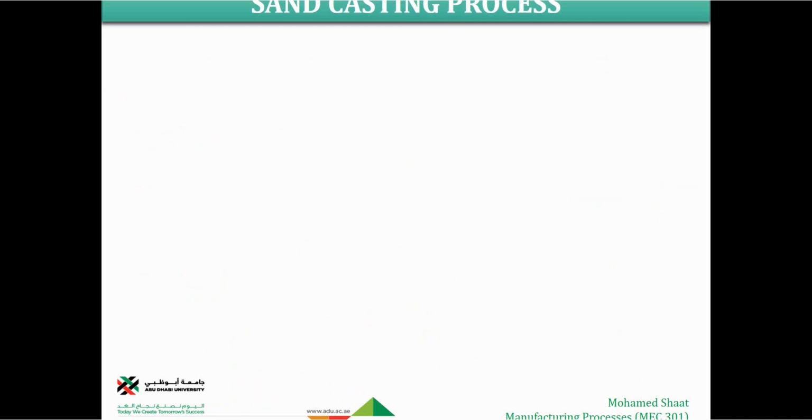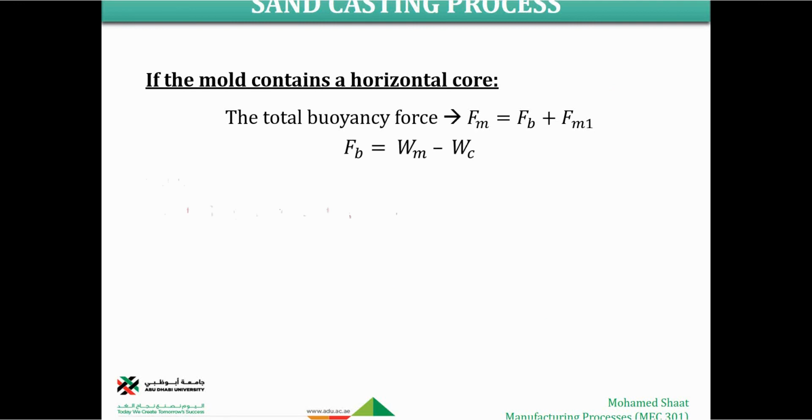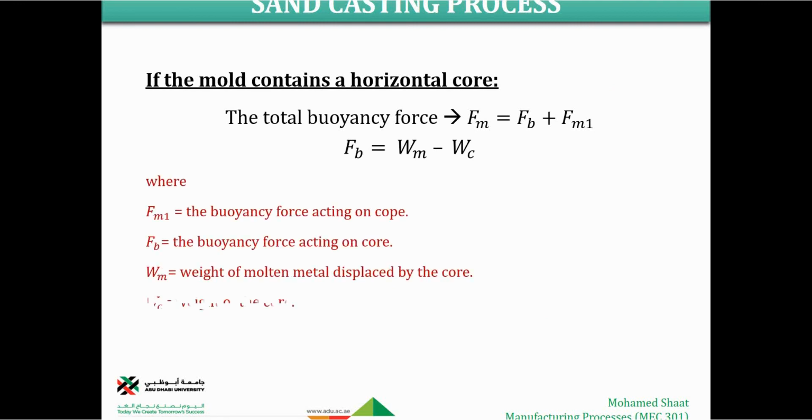Make sense? In case we have a core located horizontally in the mold cavity, the pushing is not just over the cube, but over the core, and the core will keep pushing over the cube. It means there will be another pushing, but through the core.